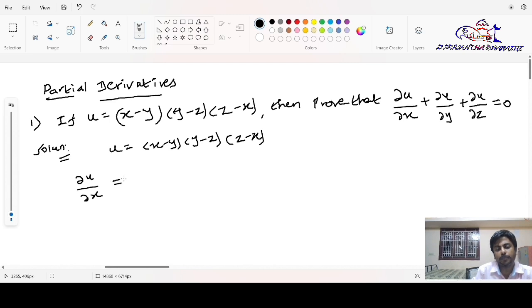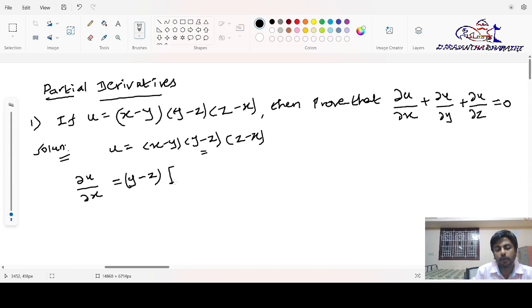When we are differentiating partially with respect to x, the terms which do not involve x will act as constant. In this term we are having x, in this term also we are having x. So both these are functions of x, but this term is not a function of x, so it will act as constant. So we are going to take it outside.